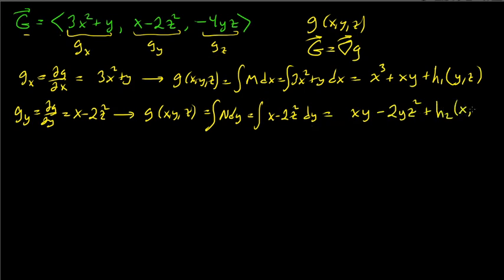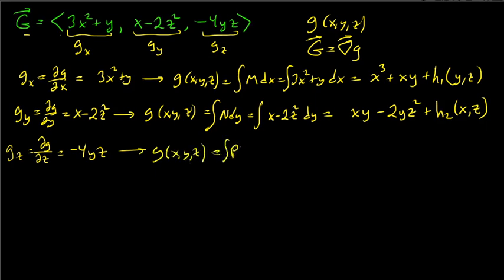So that could be a function of x or a function of z, or both, right? And finally, the z partial derivative of g. Again, it could look like a 2, or could look like a backwards 6 too, if you're not careful. So that was negative 4yz.